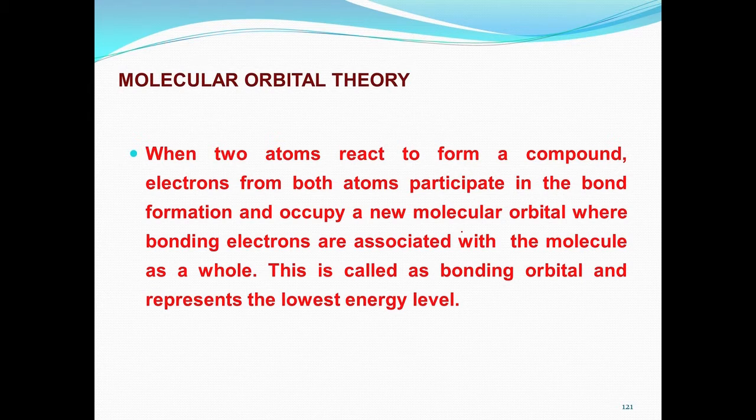We have to discuss this a little before we proceed to the molecular absorption spectrum. What we will be discussing is what happens when two atoms come and interact with each other. Whenever two atoms react to form a compound, electrons from both atoms participate.